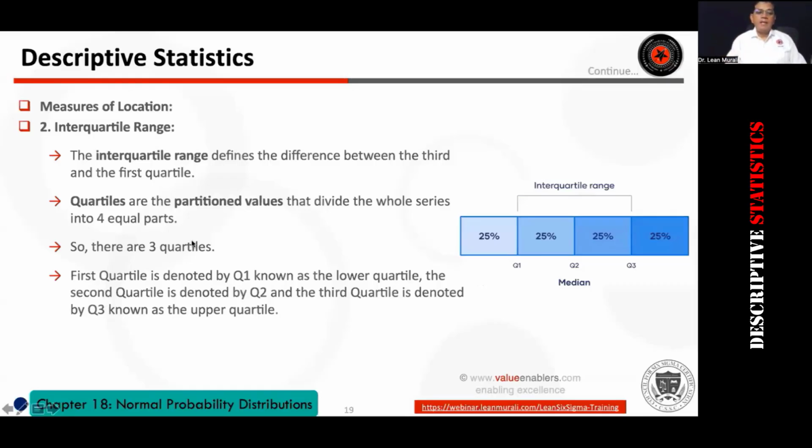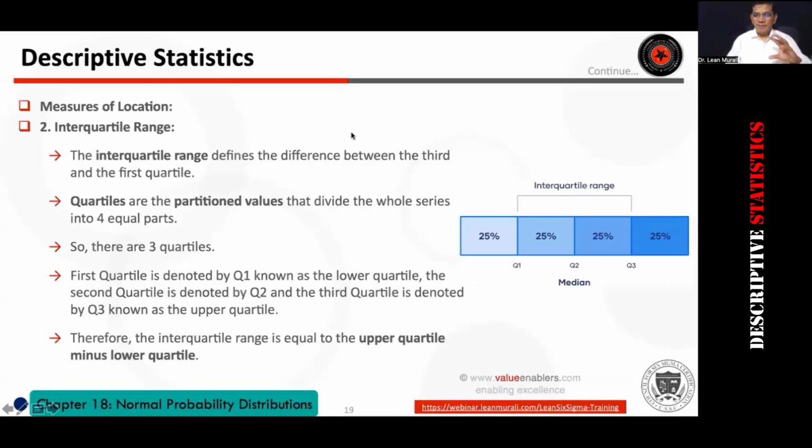That is the interquartile range. Statisticians defined that as Q3 minus Q1, don't worry about that. First 25% is called Q1, next 25% is Q2, next 25% is Q3, next 25% is Q4.